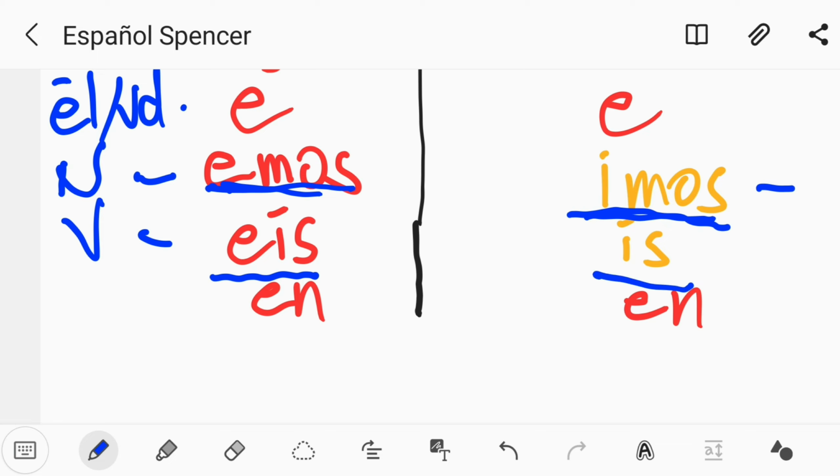Again, I wrote this in a different color because these are the things that you have to notice when you're conjugating verbs in Spanish between ER and IR. Again, it's the same with ellos, ustedes. We have en: aprenden, viven.